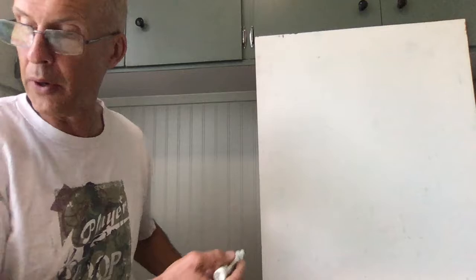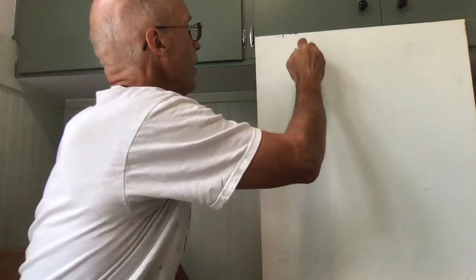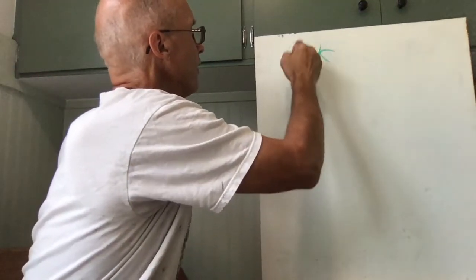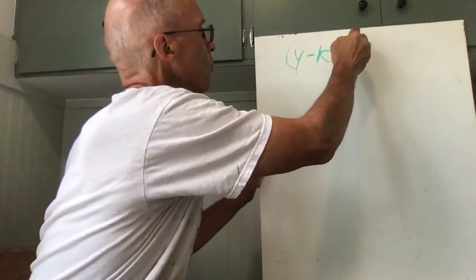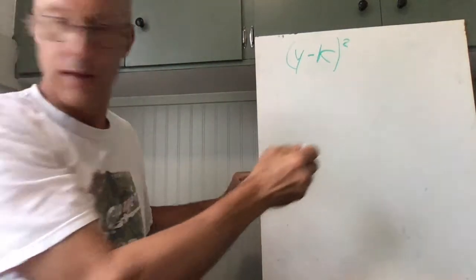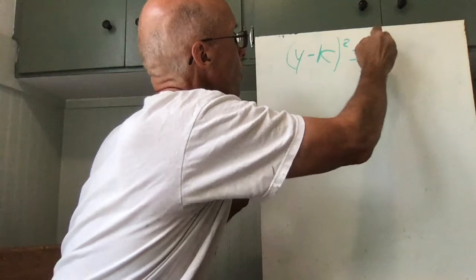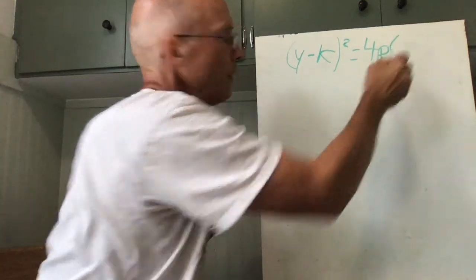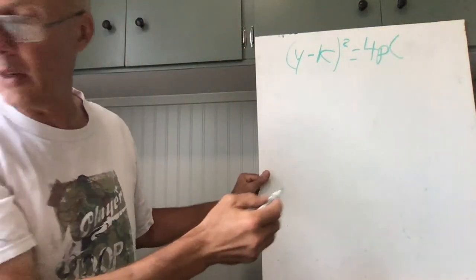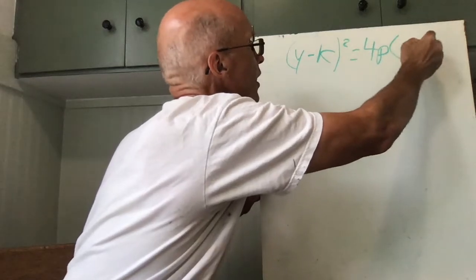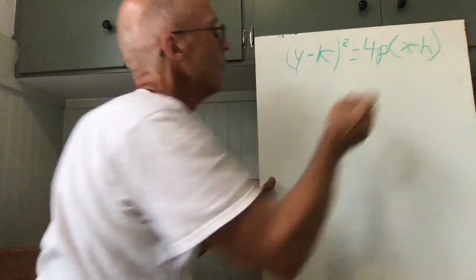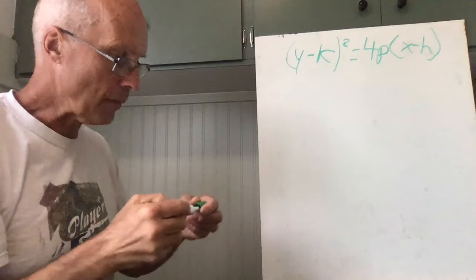So the equation we want is y minus k squared equals 4p, and it's x minus h, right? Yeah, x minus h. So that's our standard form. That's what we're looking for.